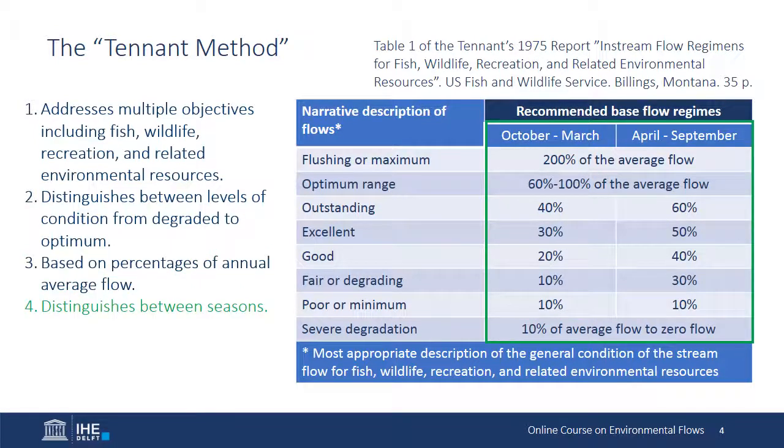As I also mentioned earlier, the method distinguishes between seasons, recognizing the need for different flow levels in different seasons. Tennant chooses to demarcate only 2 6-month periods, beginning the lower flow period in October and transitioning to the higher flow period in April. These periods are chosen to align with the water year defined by the U.S. Geological Survey, which runs from October 1st until September 30th.